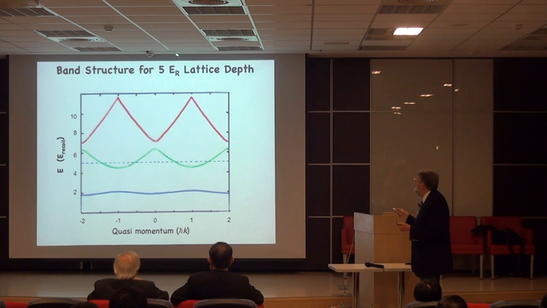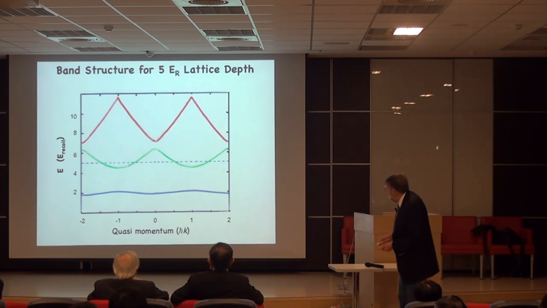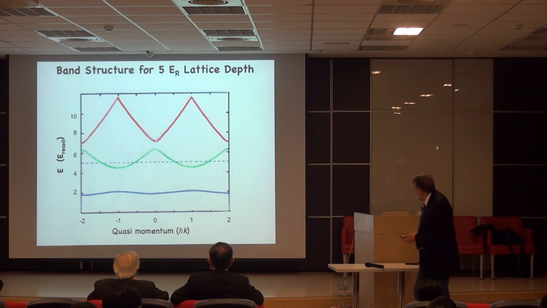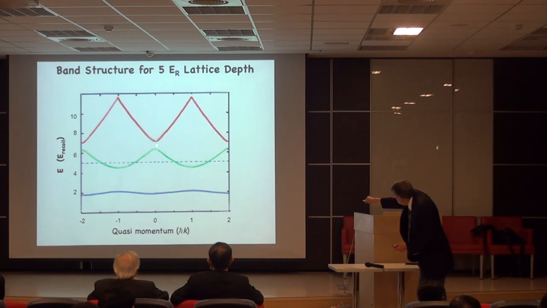It turns out that it's a very modest energy scale. It's easy to make an optical lattice that deep. The thing I want to point out is that even at this extremely modestly deep lattice, you can hardly tell that this used to be a free particle. You can sort of see that there's a parabola there, right? But it's really hard to see that this thing used to be a parabola.